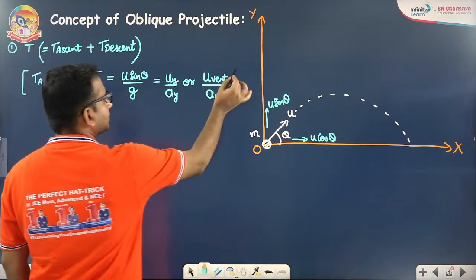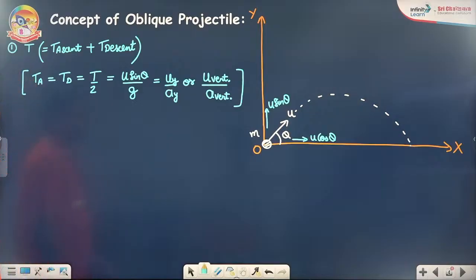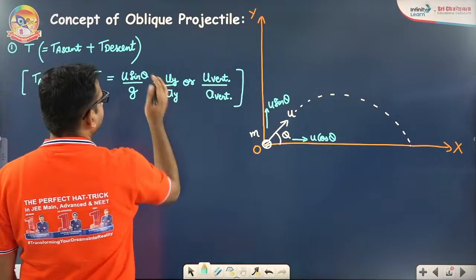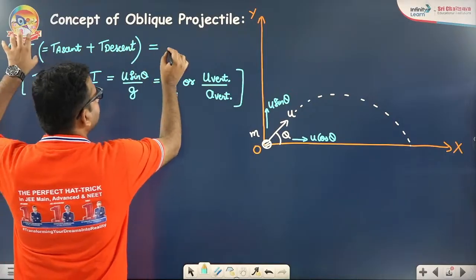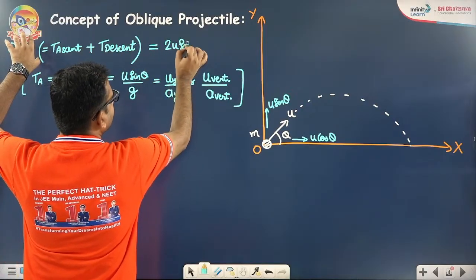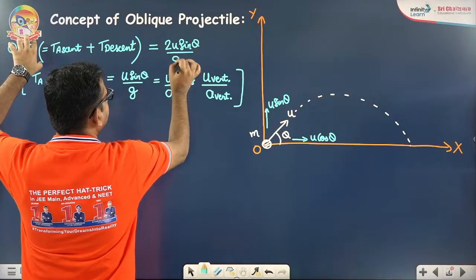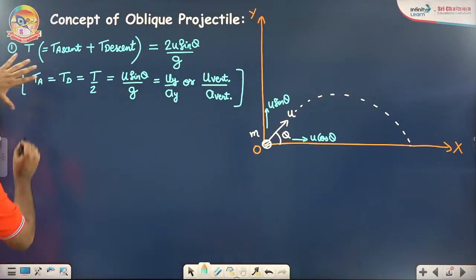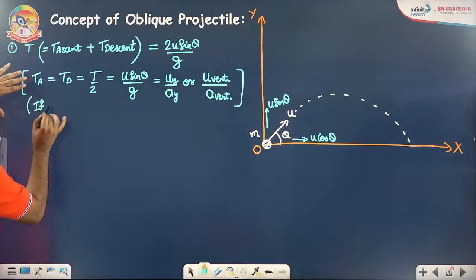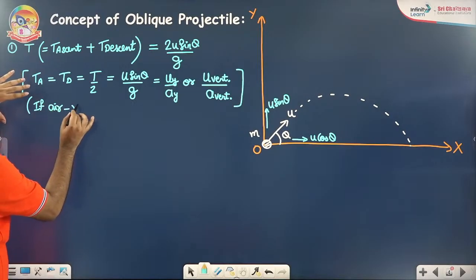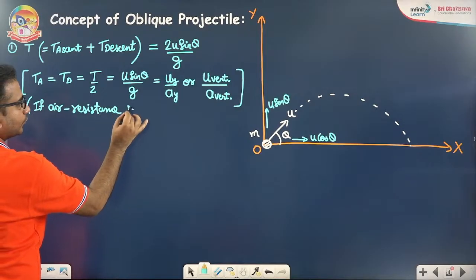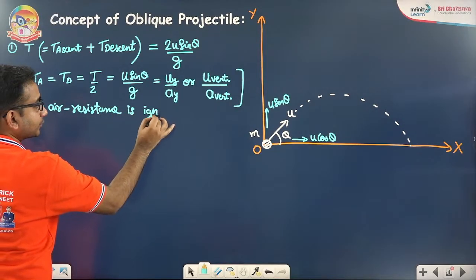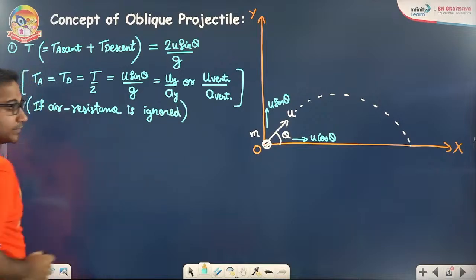Well, initial velocity in the vertical direction by acceleration magnitude in the vertical direction. That's g here, gravity only. And the total sum of ascent and descent, which is nothing but time of flight, that was 2u sin theta by g. This thing is valid if air resistance is ignored. Okay. That is the situation. I hope that's clear to you.